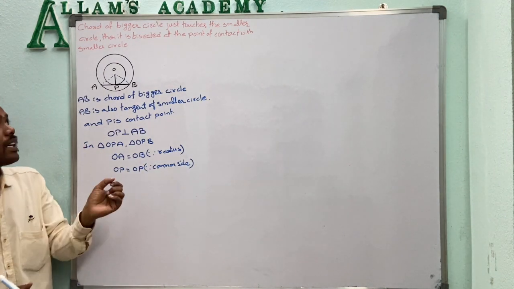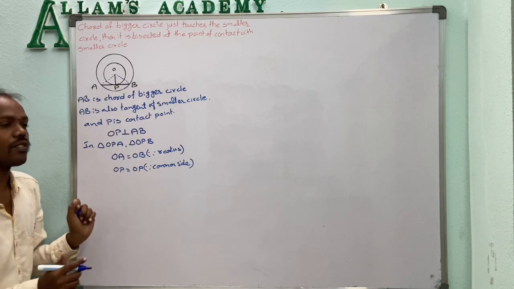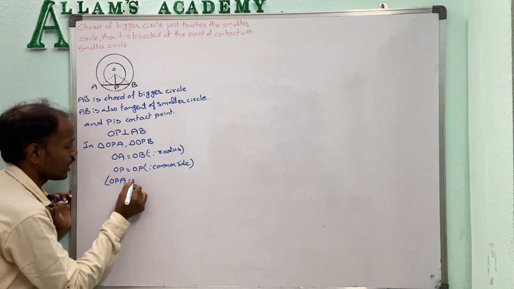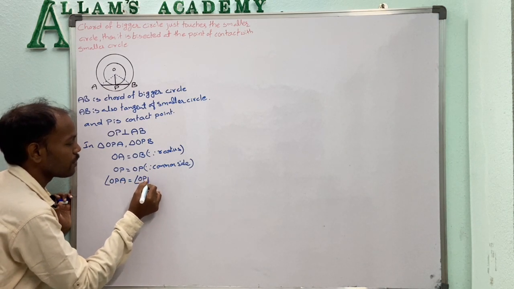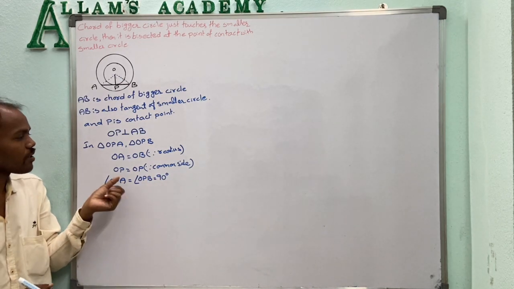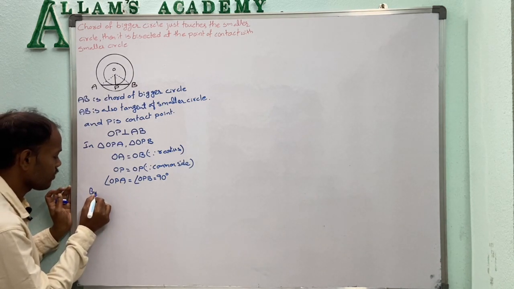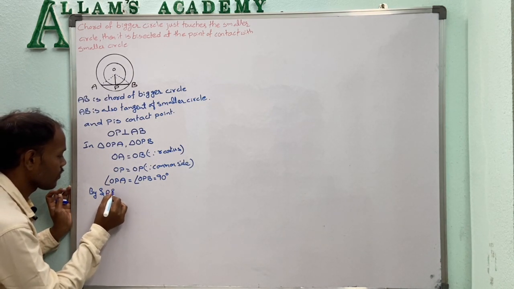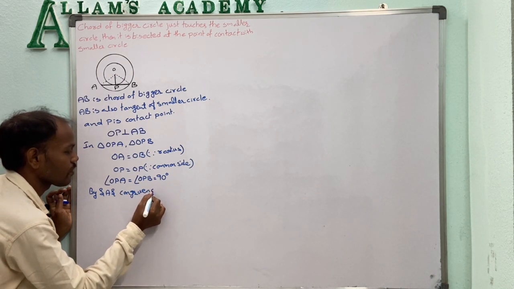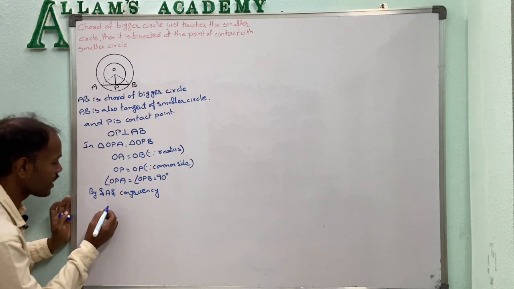And angle OPA equals angle OPB equals 90 degrees. So here also by SAS congruency, the two triangles are congruent.